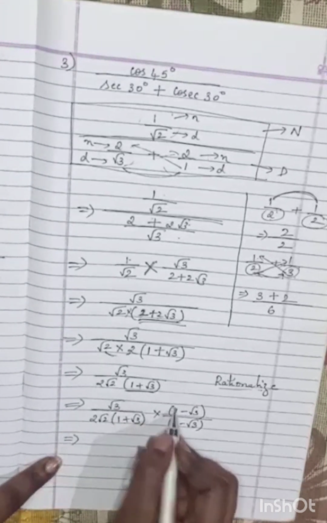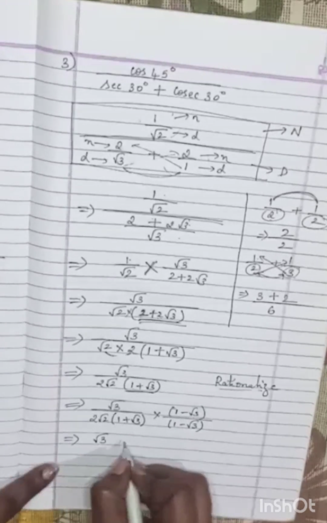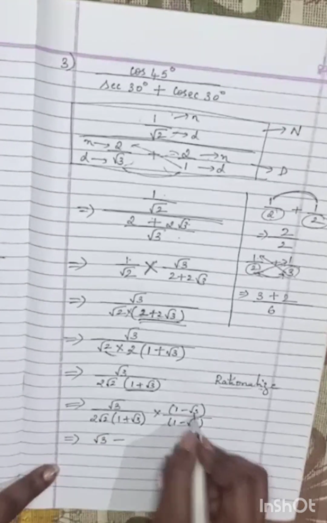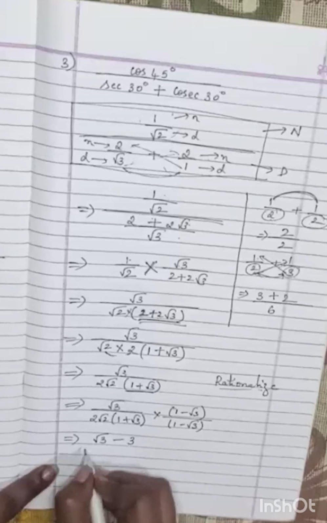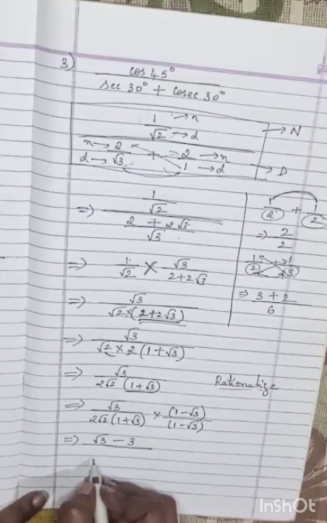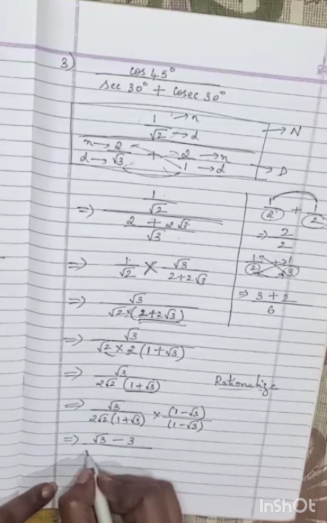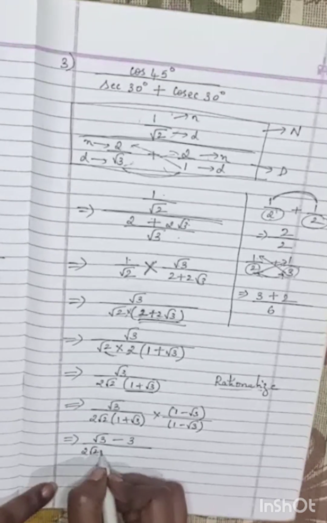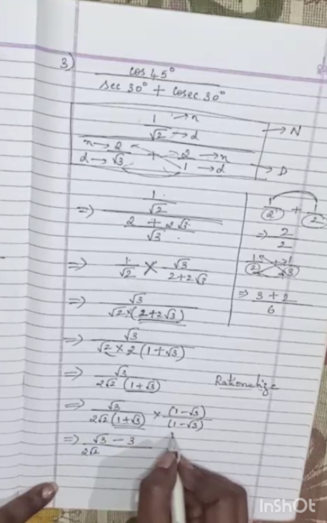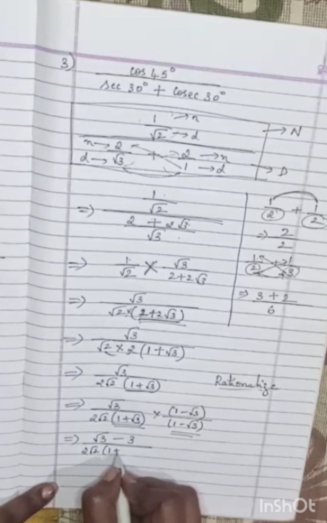Next, multiply. Root 3 into 1 is root 3 minus root 3 into root 3 is 3, divided by 2 root 2. We have 1 plus root 3 and 1 minus root 3. Let me keep it as it is.